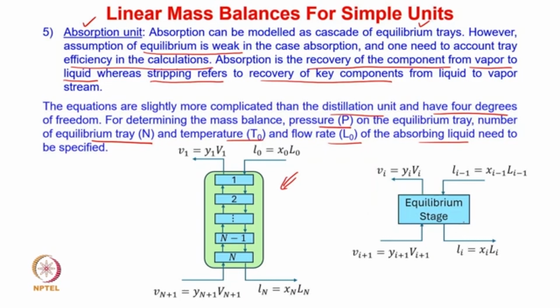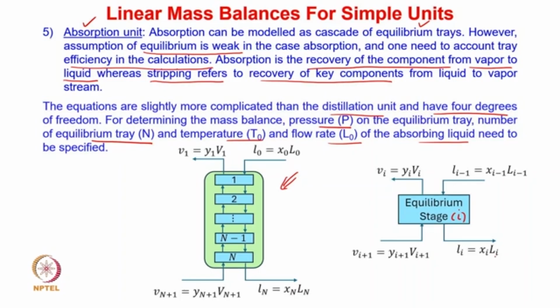Here we have taken an equilibrium stage i. The inputs to the i stage are small l i minus 1 and small v i plus 1, and the outlets from this equilibrium stage are small v i and small l i.